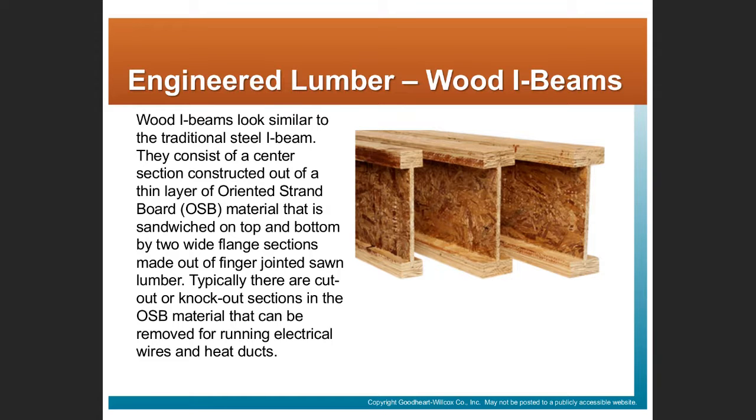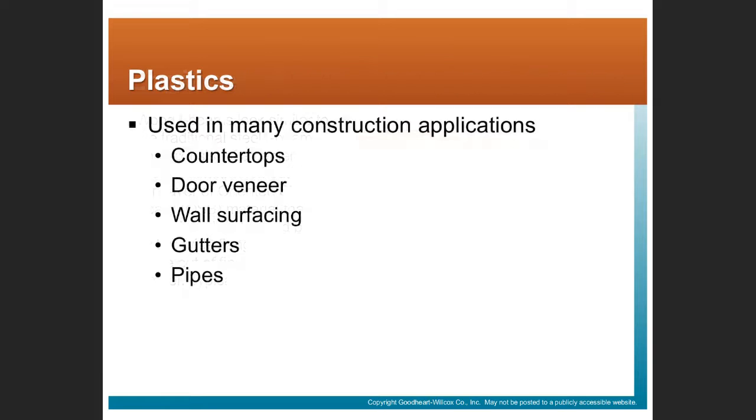The wooden I-beams allow us to have that same span with less material. Okay, getting back to plastic, I think that probably the most common place we'll find plastic would be in the plumbing systems, which we'll talk about in a few weeks.